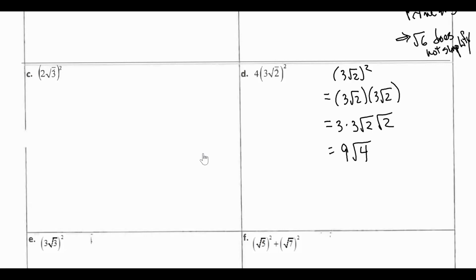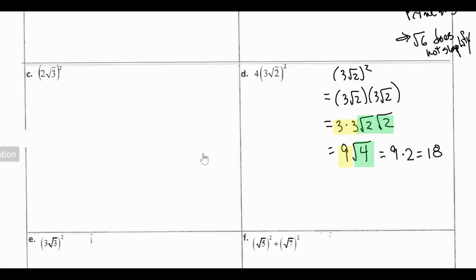Okay, let's highlight this so we can follow along. 3 times 3 is 9. And square root of 2 times square root of 2 is 4. And I know that 9 times 4 is a perfect square. And we know that from the previous videos. I have a pair of 2's here. So that's just going to be 2, which is 18.